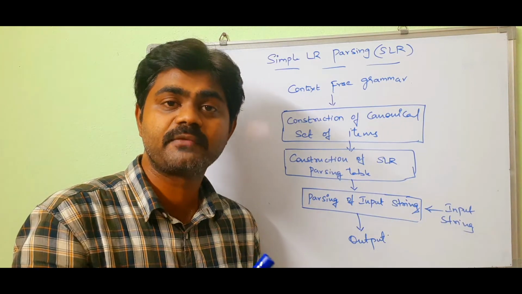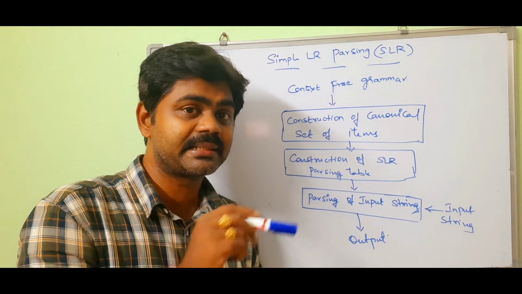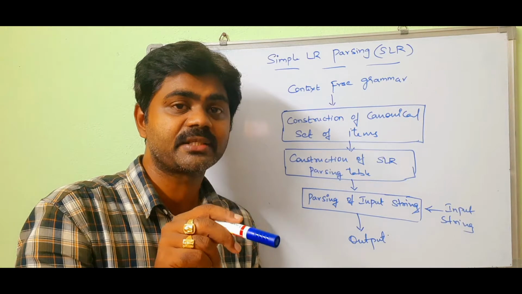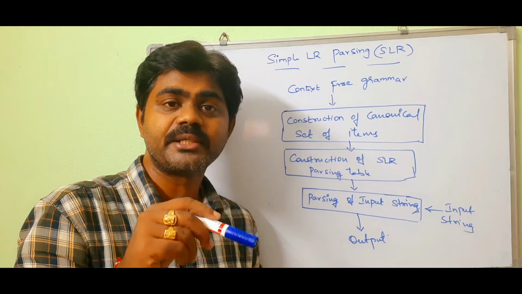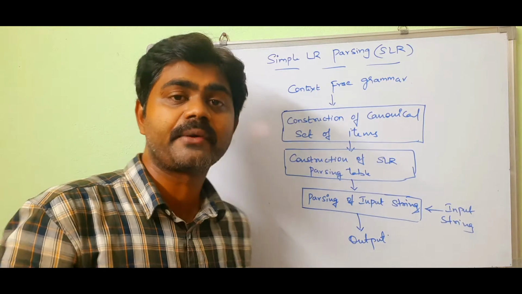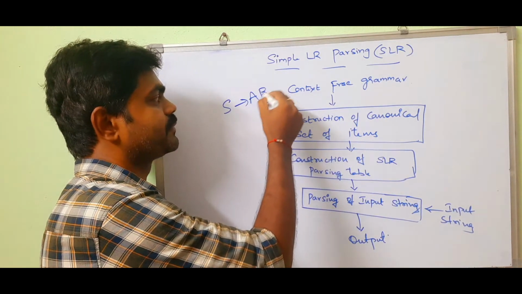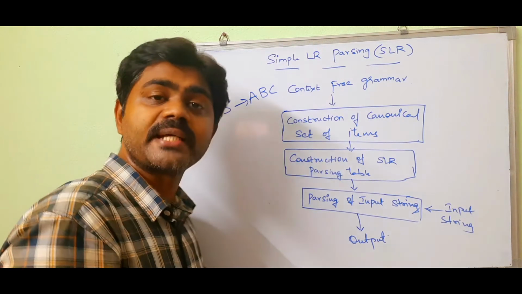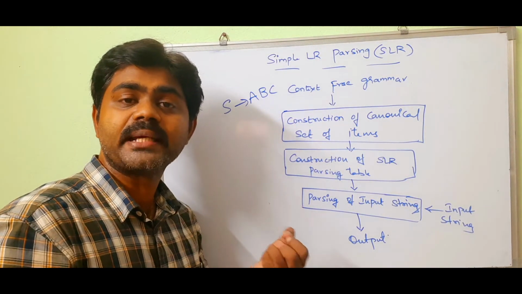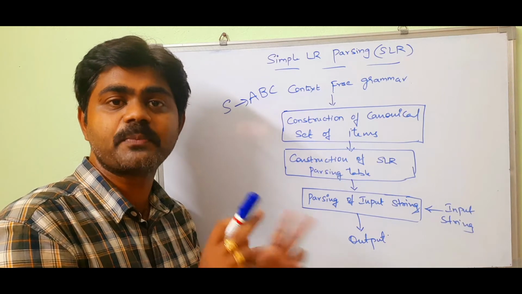Before going to our problem, first we need to construct LR(0) items. As I said, LR(k), k is the number of input symbols. So first we construct LR(0) items. For example, if our grammar is in this format, S tends to ABC, to construct LR(0) items we consider a dot and how that dot changes its position.